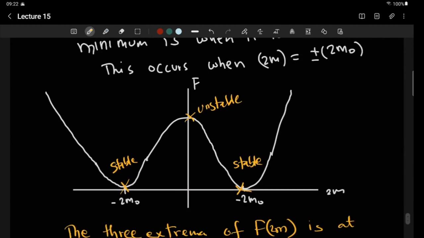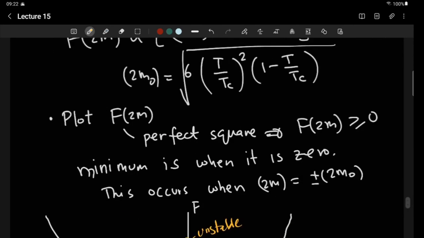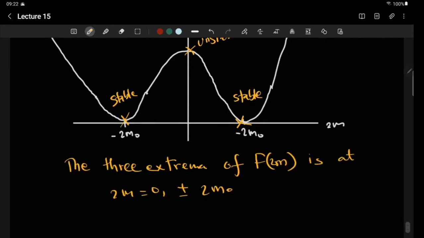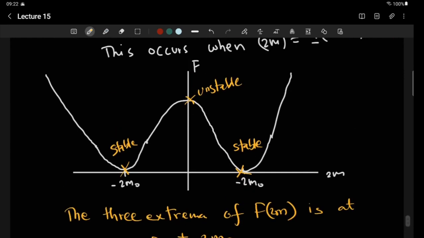The precise value of m naught will not be what we got here. I've already taken care of that by saying 2m naught equal to this, but this is only true for t close to tc, from the lower side. One more feature we can see is the height here.